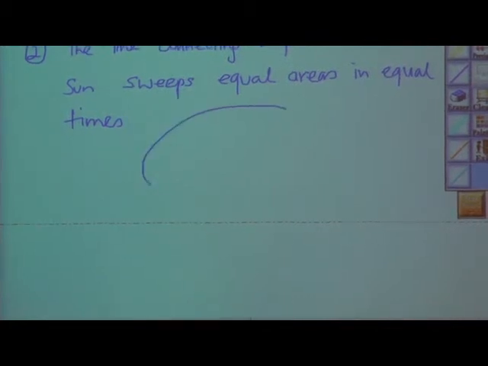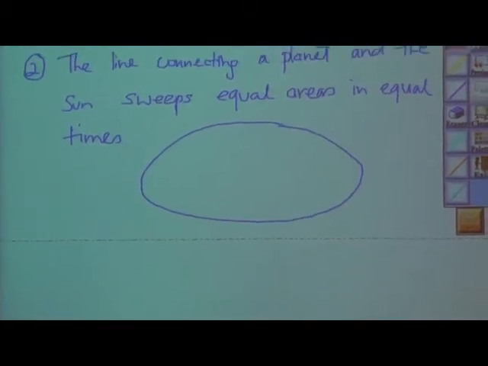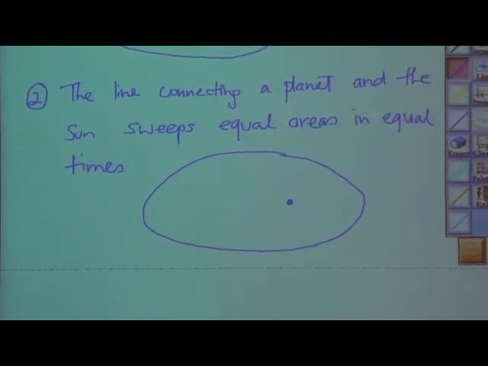Now what this is here is the elliptical orbit again. Here is the sun at one of the focal points. Here is the planet. Now, planet moves around this elliptical orbit around the sun. Let's make it bigger.